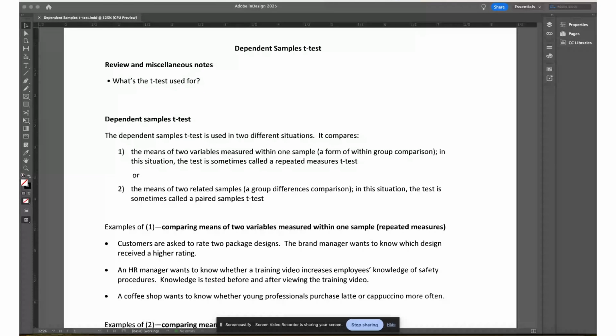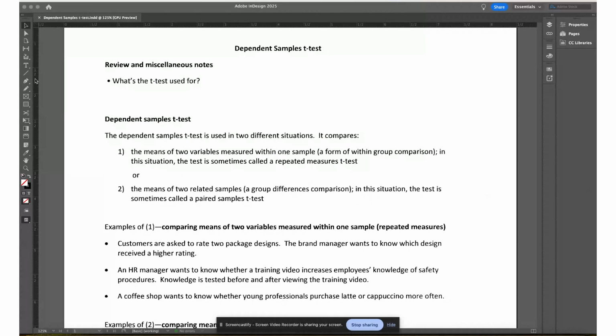Hey everyone, in this series of videos, we're going to learn about the dependent samples t-test. Now, if you recall from earlier in the semester, we already encountered the t-test, and that was the independent samples t-test.